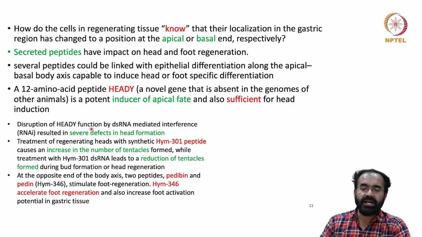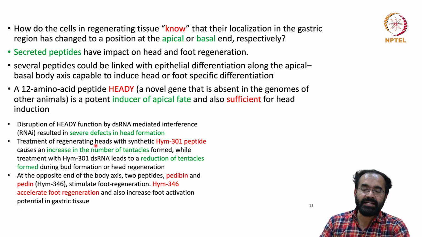So disruption of HEDI function by double-stranded RNA mediated interference, RNAi, which is a technique that has received a Nobel Prize, resulted in severe defects in head formation. So if you get rid of HEDI, that is a 12 amino acid peptide, you will not have head formation.